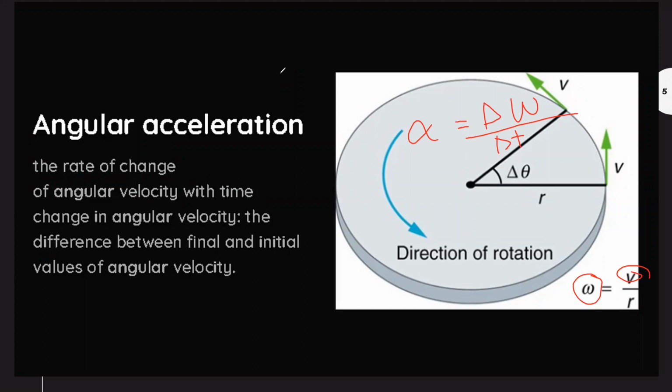To find the angular velocity, you can divide the linear velocity over r, where r is the radius distance. This is just extra information to convert from angular to linear velocity: the velocity is omega times r. To find the angular acceleration, it is a change in omega over the change of time.